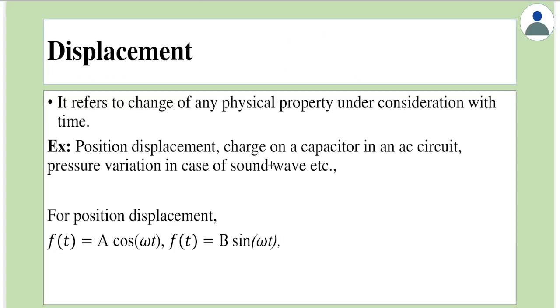The next thing is called displacement. In this chapter, displacement is used in a general sense. So don't always think displacement means only distance. Here it is used in a general sense, which means displacement refers to the change of any physical property.